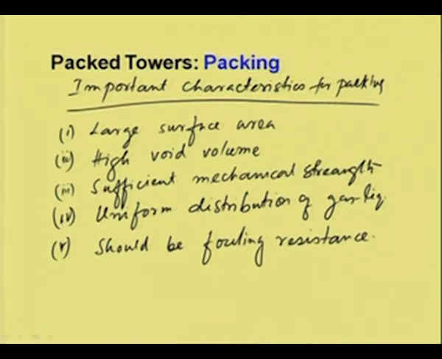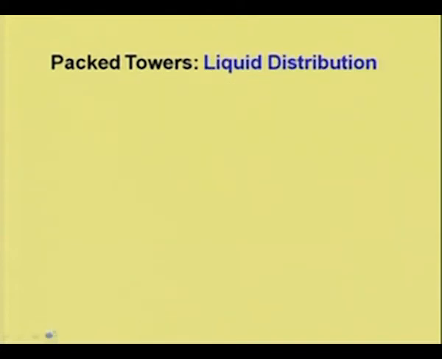and another important tower characteristic is the liquid distribution. Proper distribution of the liquid at the top of the tower is necessary. So, that's why we need to use a proper distributor at different points.